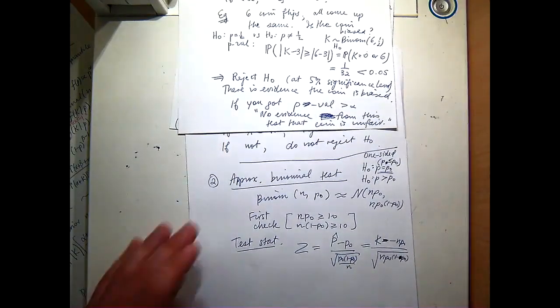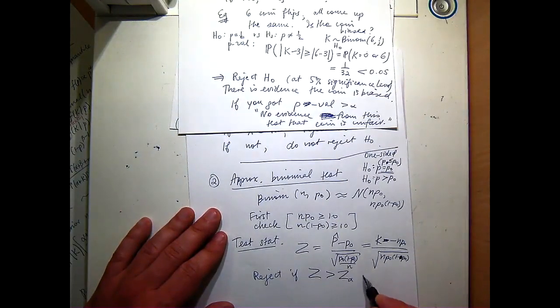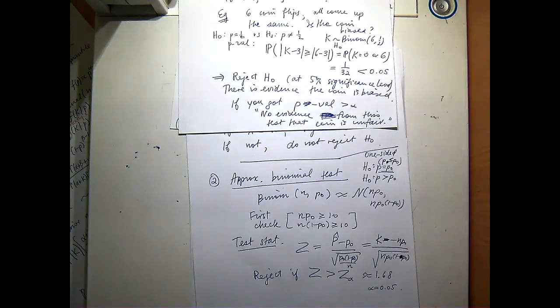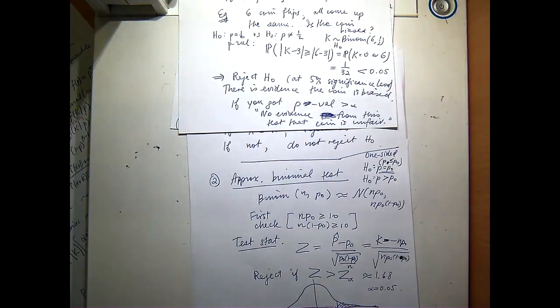Okay, so reject if Z is greater than z alpha, which is about 1.645 if alpha is 0.05. You can look that up in the normal tables. This is the one that has 5% of its mass on the right. Okay, so that's your approximate binomial test.